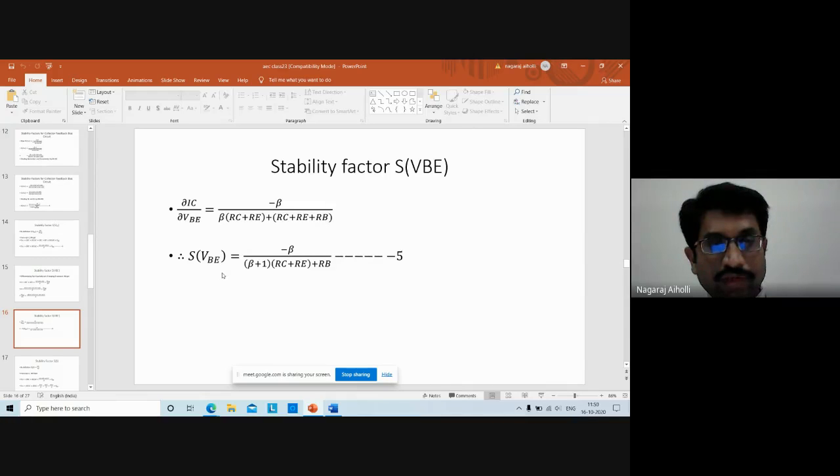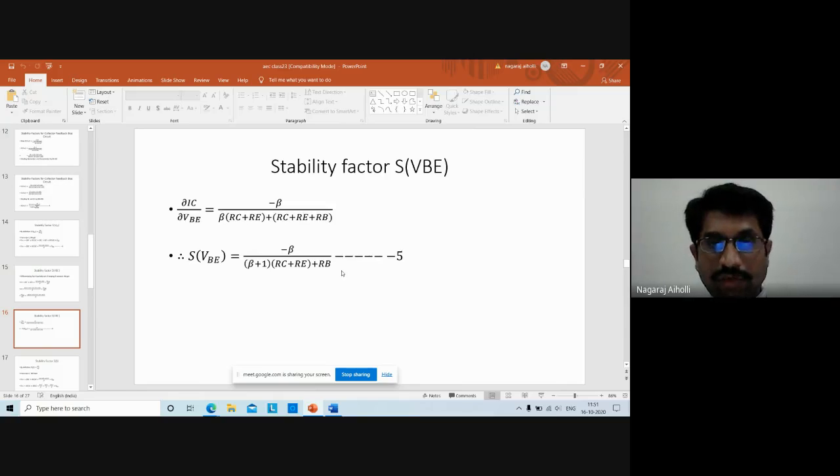Therefore, what we got is S of VBE as minus beta, divided by beta plus 1, because RC plus RE is common, plus RB. That is, S of VBE is minus beta, the whole divided by beta plus 1 into RC plus RE plus RB. This is the equation for stability factor S of VBE.